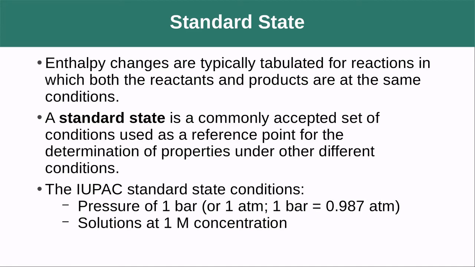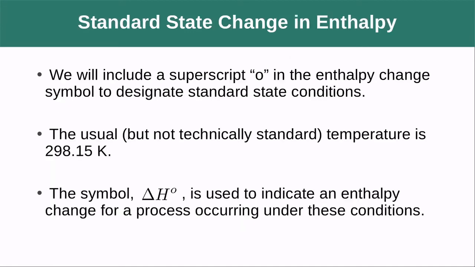It is important to know what the standard state conditions are. Under the IUPAC standard, the standard state conditions are 1 bar of pressure, and solutions will be at 1 molar concentrations. When we're talking about the enthalpy change at the standard state, you're going to see a superscripted O in the enthalpy change, like you see down here, this little guy right there.